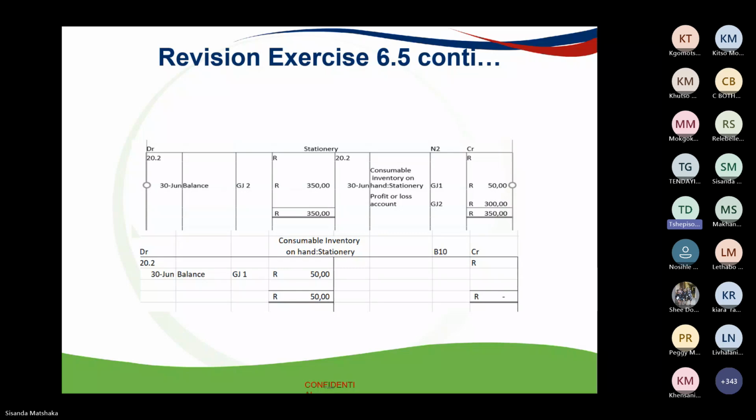And then, according to the additional information we've been provided, we had about 50 Rand of stationery still on hand within our books. So this 50 Rand will be a credit in our books. When you balance out your account, you'll have your stationery, and it will also affect the consumable inventory on hand.